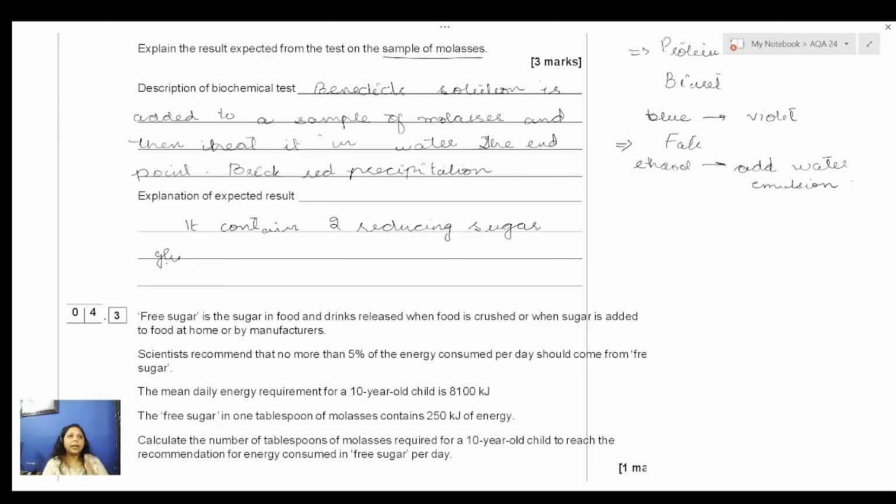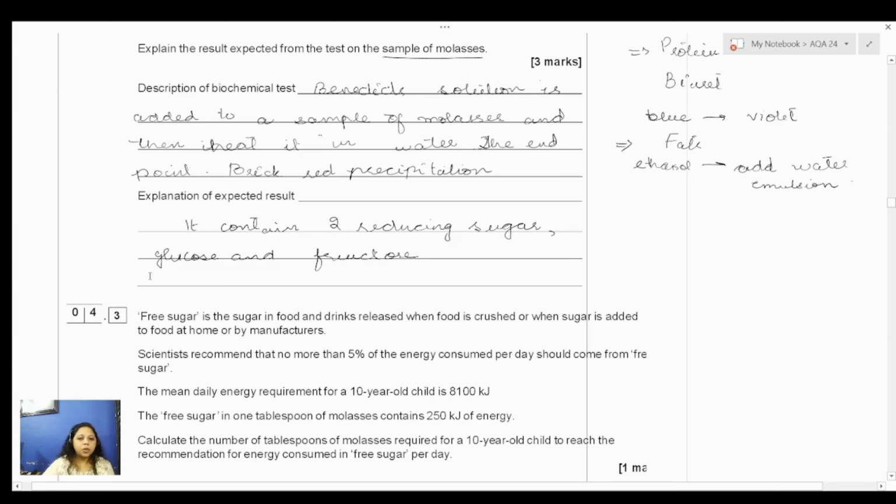They can directly convert into carbon dioxide and water. Simple. That's why they're reducing sugars. So it contained two reducing sugars, glucose and fructose. The color changes from blue to brick red precipitate.